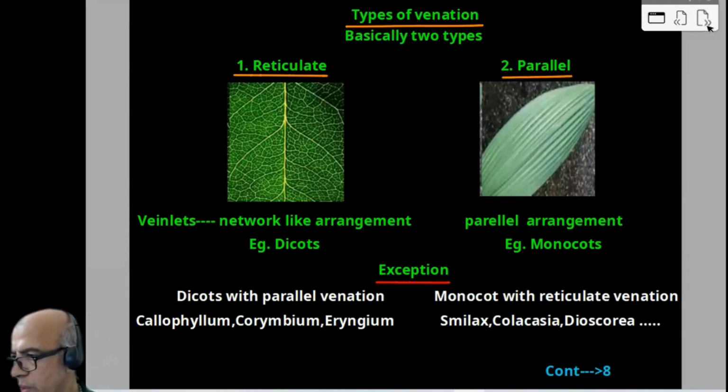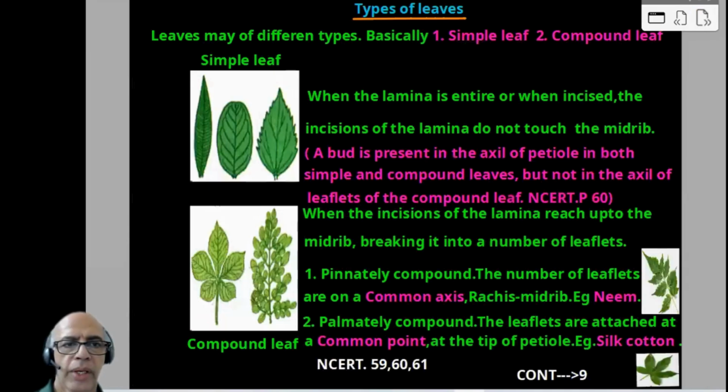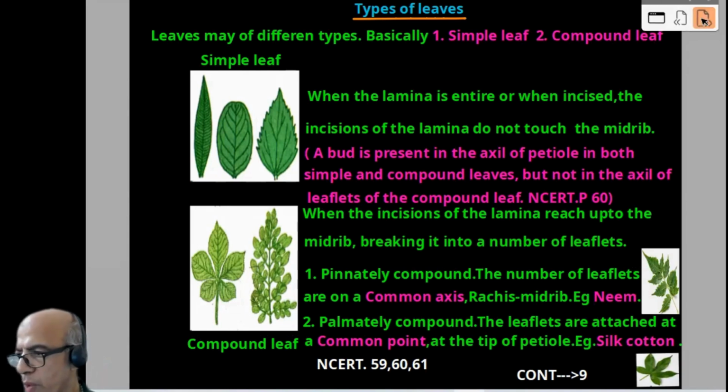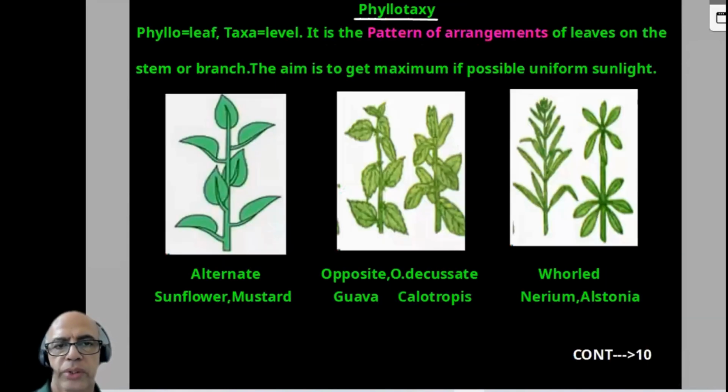Then we entered into types of leaves, where simple leaf and compound leaf, how it has been defined. Under compound, 2 types again, pinnately and palmately compound. Then we entered into phyllotaxy, arrangement of leaves on stem, that is to get uniform, maximum, efficient sunlight: alternate, opposite, decussate, and whorled with example.